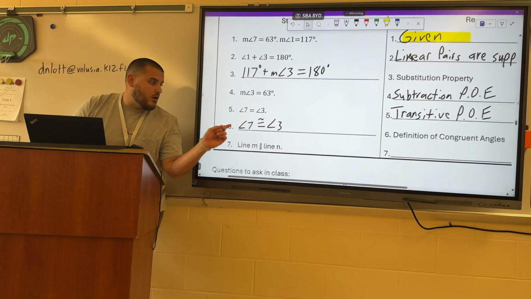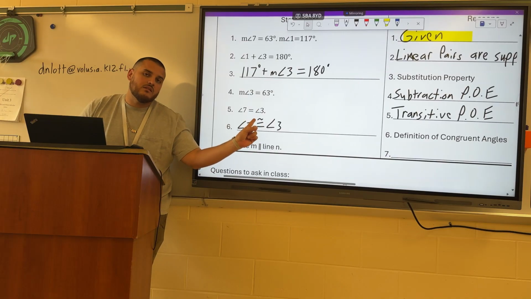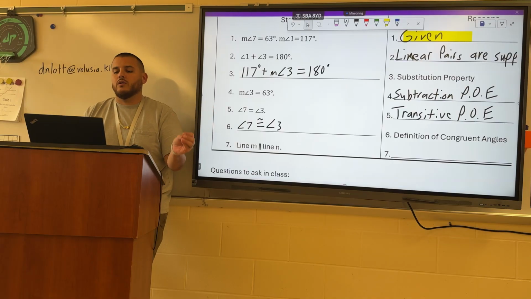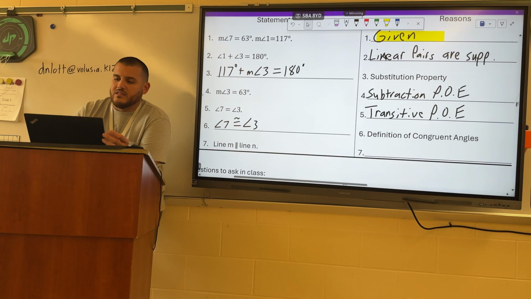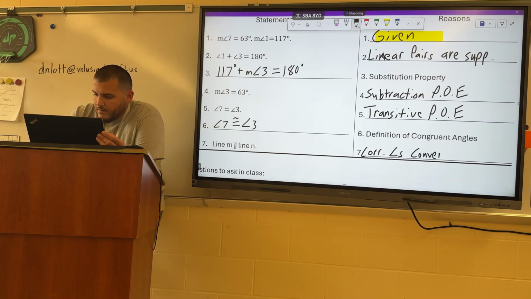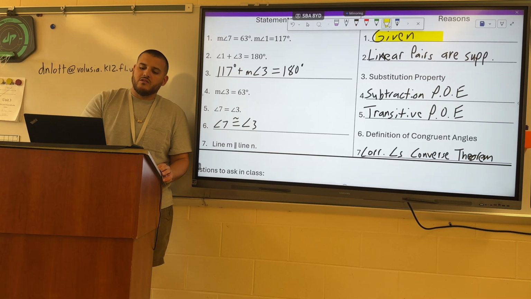So because my corresponding angles are congruent, my lines must be parallel. Corresponding angles are only congruent on parallel lines. Again, this is where we're using that converse theorem here. So we would say corresponding angles converse theorem. Because these corresponding angles are congruent, the lines that they're on must be parallel to each other.